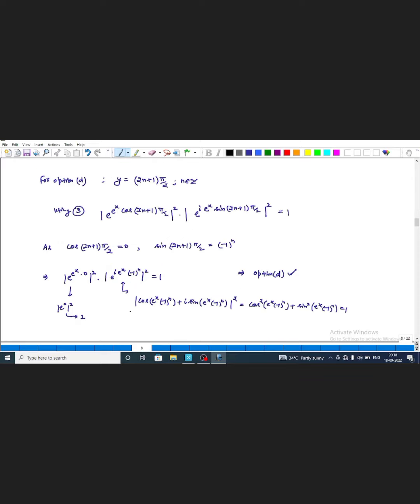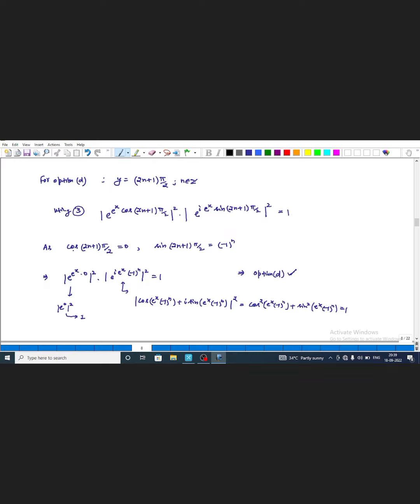Now come to option D. In option D, we are given that y is equal to (2n+1)π/2 for some integer n. Now using 3, we have the square of the modulus of e^x cos of (2n+1)π/2 into the square of e^(i) e^x sine of (2n+1)π/2 is equal to 1.